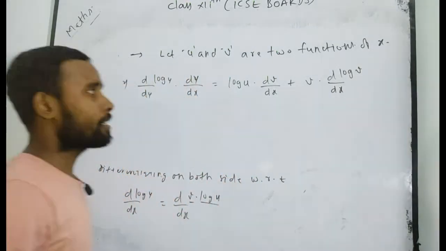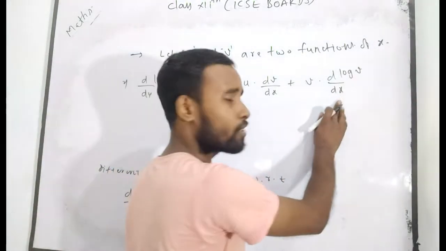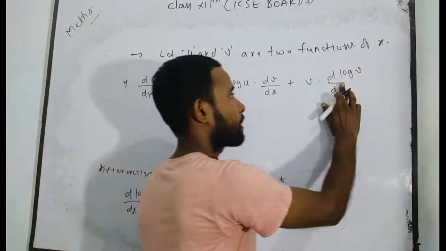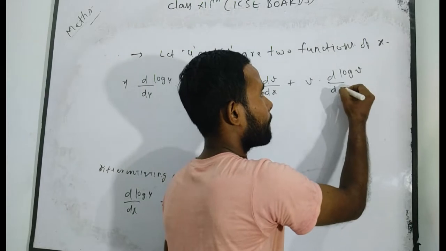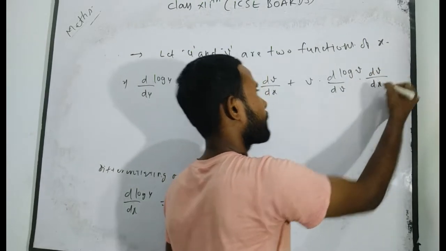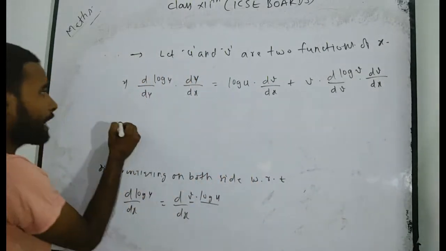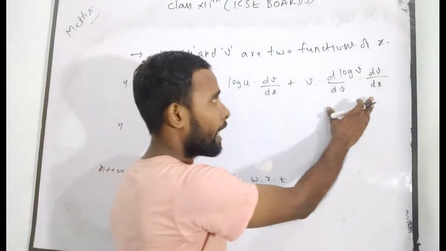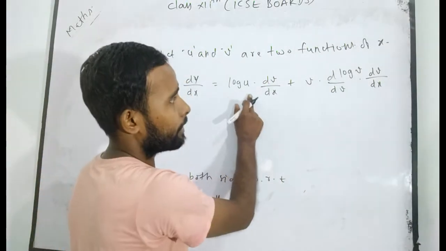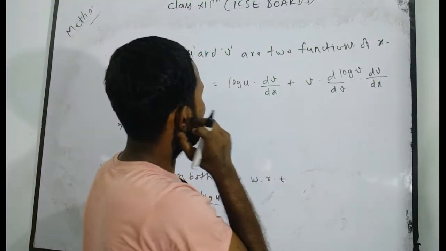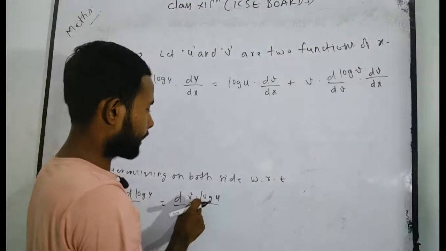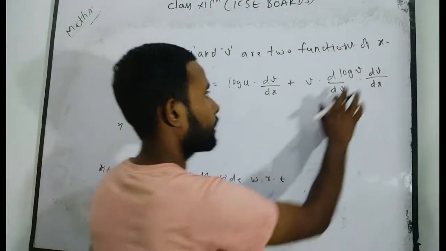Again, as you know, log u cannot be differentiated with respect to x directly, so I want to jump only one step here: firstly differentiate log u with respect to u, and again differentiate u with respect to x.